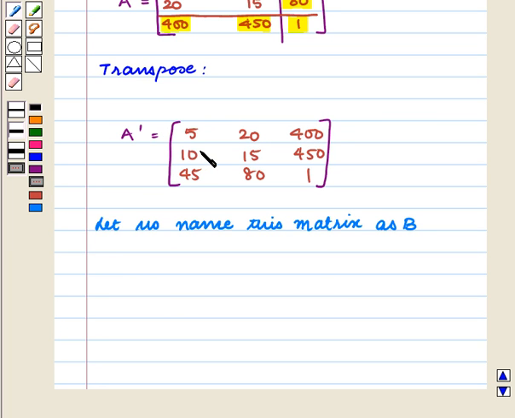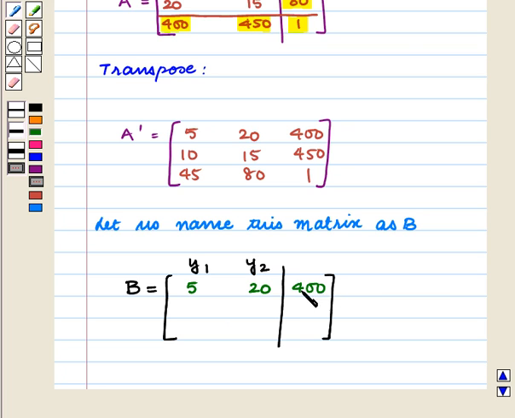Now rows and columns have interchanged. Let us name this matrix as B. So B is equal to the matrix 5, 20, 400, 10, 15, 450, 45, 80 and 1.